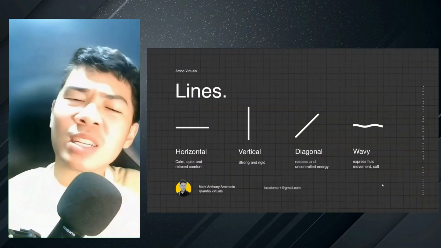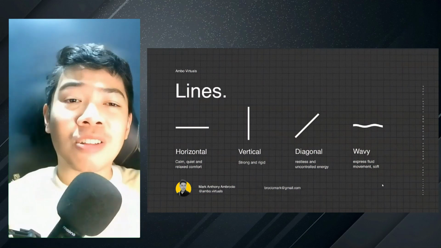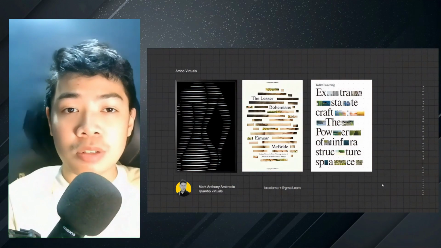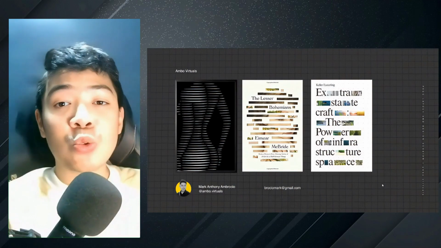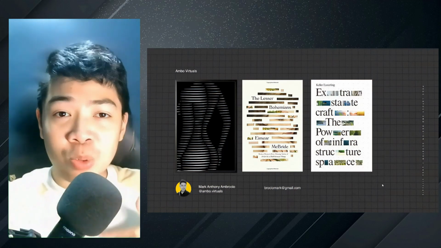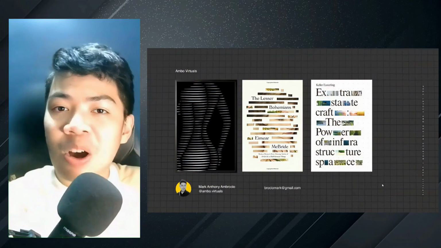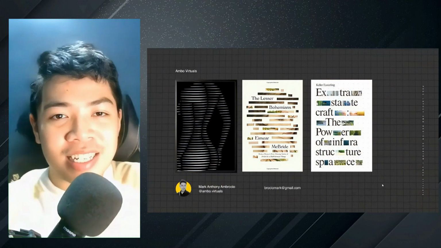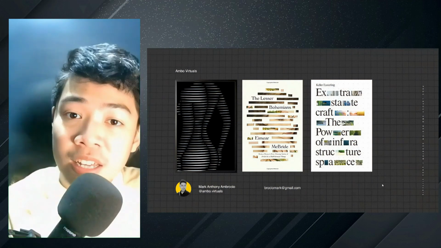Now, let's go more specific about what I'm talking about with lines. For these examples, for horizontal posters, the predominant use of horizontal lines symbolizes, as I've said, calmness, quietness, and relaxed comfort. This alignment creates a sense of stability and tranquility, right?